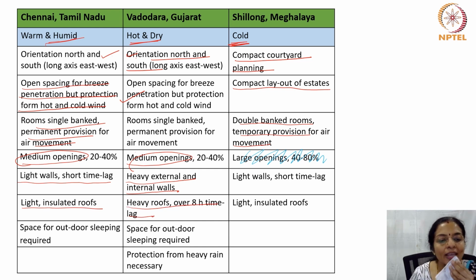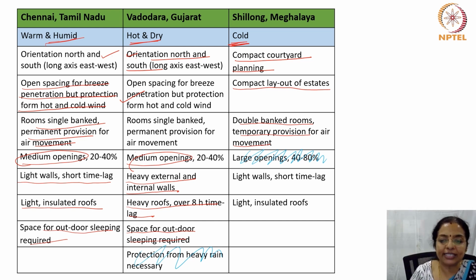Provision for outdoor sleeping is required for warm and humid, and again for hot, dry, it says space for outdoor sleeping is required. And for hot, dry, it says protection from heavy rain. So what I am trying to say by comparing is most of the recommendations are valid, but these tables are not completely accurate, as you can observe from this slide, for 2 reasons.